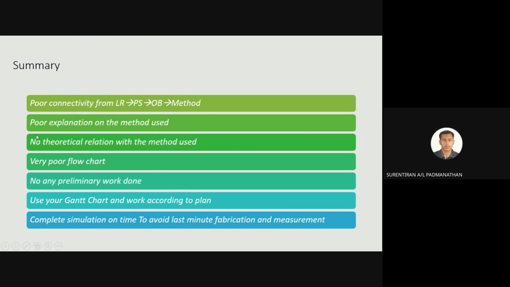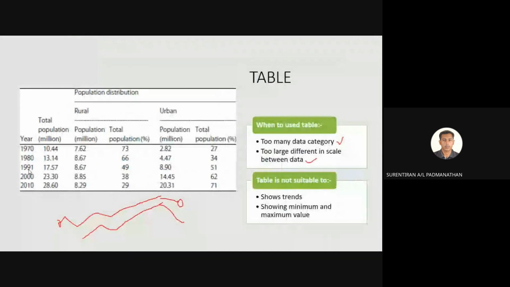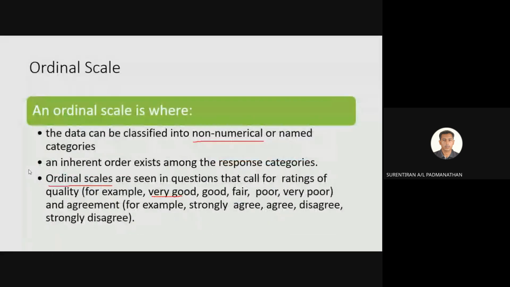So this is like a summary. Okay, you have to make sure you do it according to the rubric that I showed just now. You have to make sure that your methodology is in the excellent part of the rubric itself.